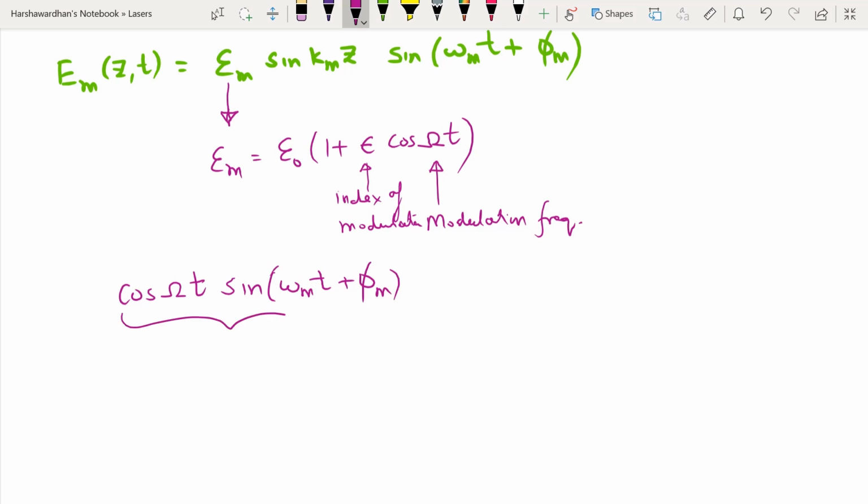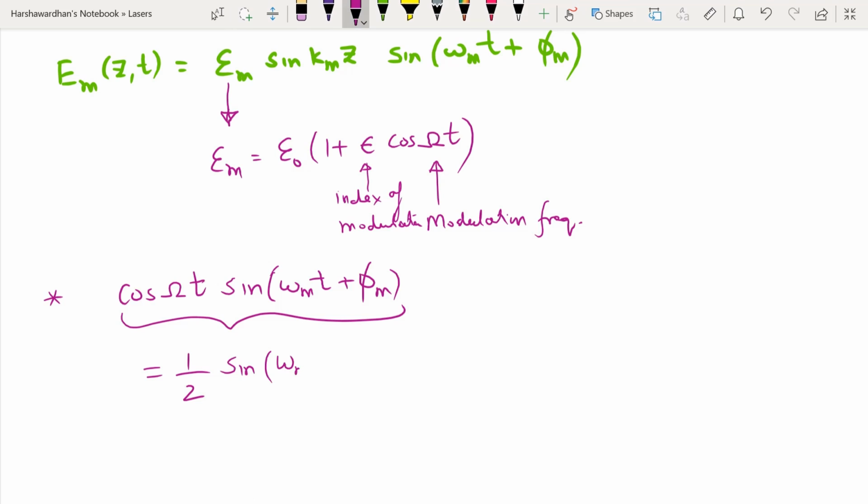This product results in a difference and a sum of the two frequencies.